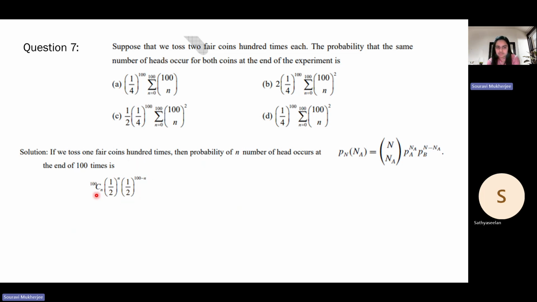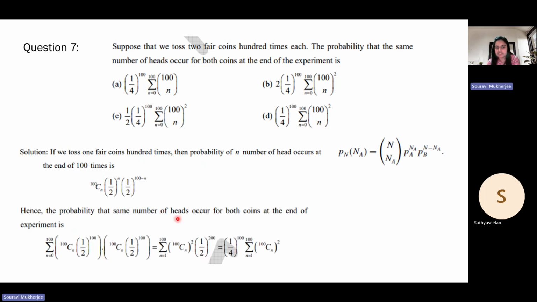So from here, you know what is the probability for one coin, right? Now the same probability will happen for the other coin, right? Now because it says the same number of heads occur, your small n can take any possible value from 1 to 100, right? So this should be 1. So 1 to 100, right?